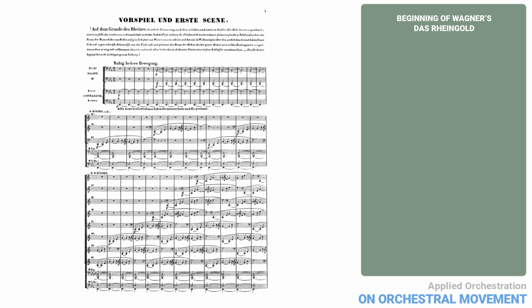Our next example is from the beginning of Wagner's Das Rheingold. This example, from the start of the Ring cycle, is very famous, so it goes on for a very long time, just moving around one single E-flat major chord.